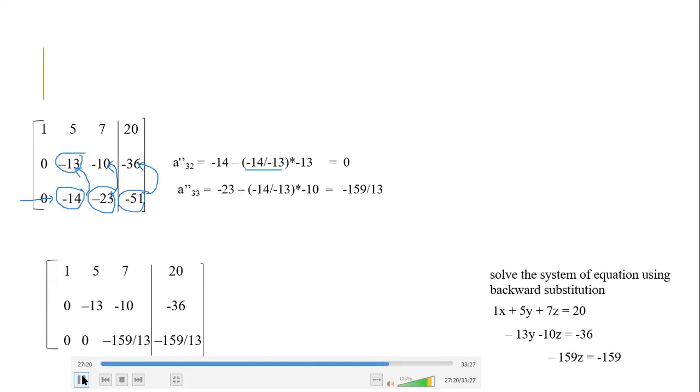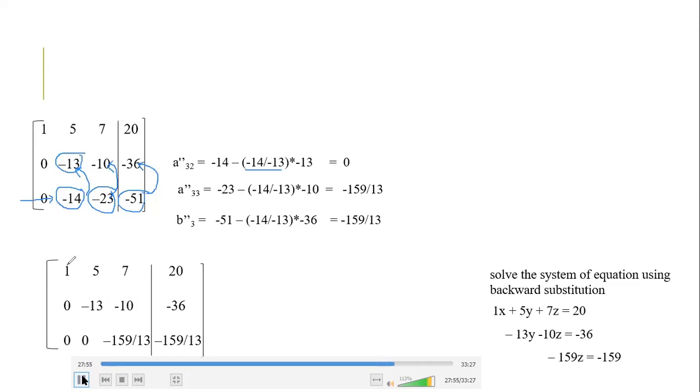Then finally we have the new value for B. That will be negative 51 minus the multiplier times negative 36, and that should give us negative 159 over 13. Okay, good. So once we have achieved this, we've obtained our upper triangular matrix.